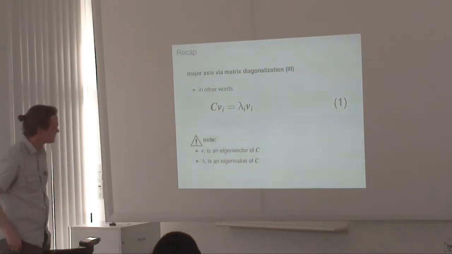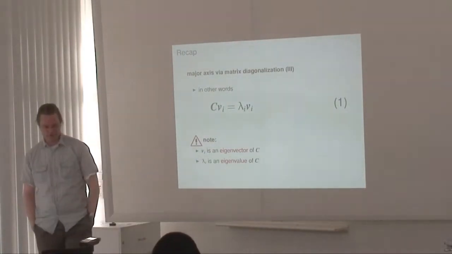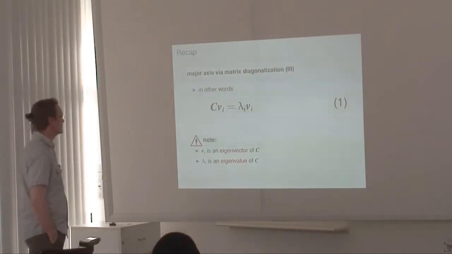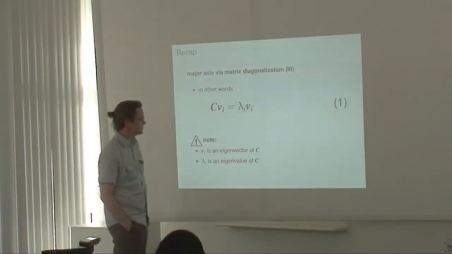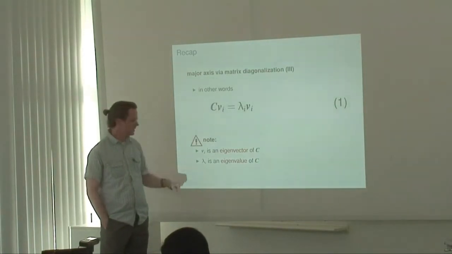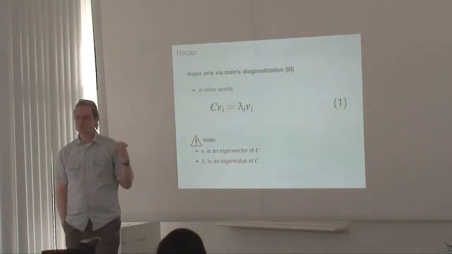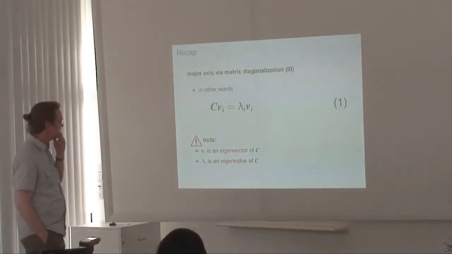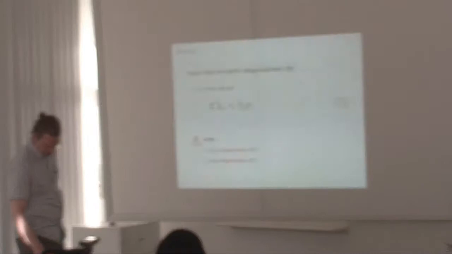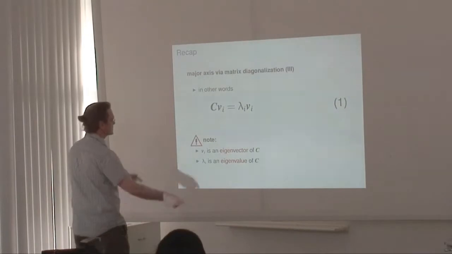And this is a very crucial type of equation. It is a vector eigenvalue equation. Whenever we see something like that, and there is an equal sign in between, then we know that Vi is called an eigenvector of that matrix C, and lambda i is called an eigenvalue of C. Yep, and that was everything I wanted to recap, and we will now take it from here.